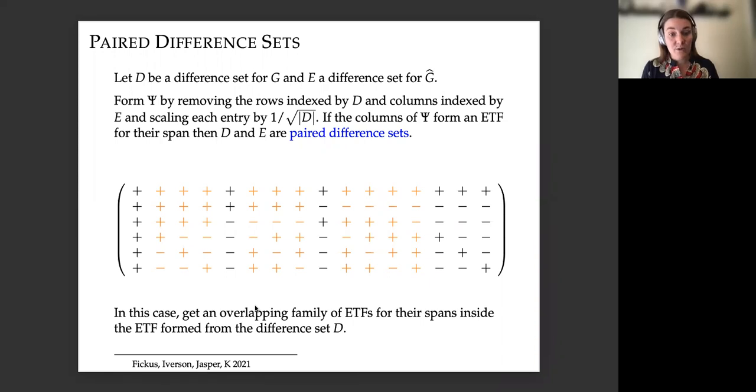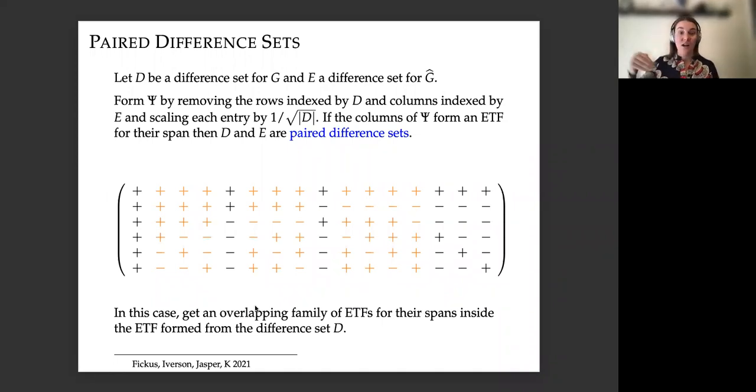If the vectors of psi form an ETF for their span, then we call D and E paired different sets. What we're looking at here, the pluses stand for +1 and the minuses stand for -1. This takes out the rows that correspond to that (16, 6, 2) different set that we were told existed earlier in Z2 cross Z2 cross Z2 cross Z2.